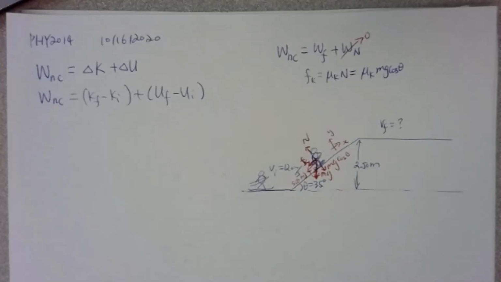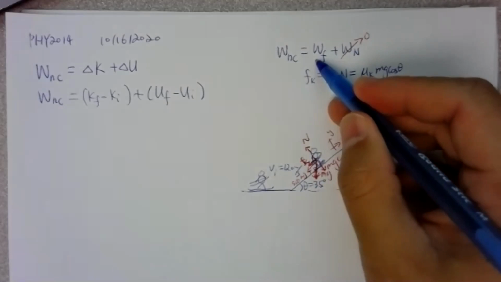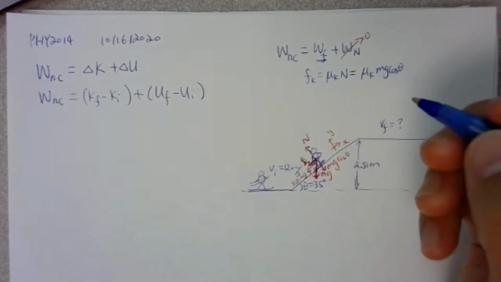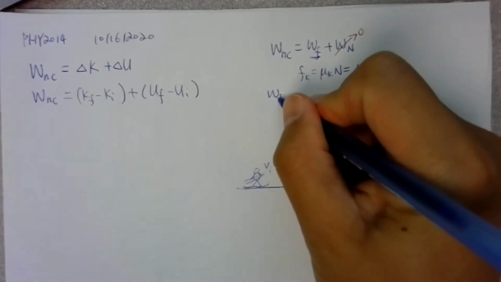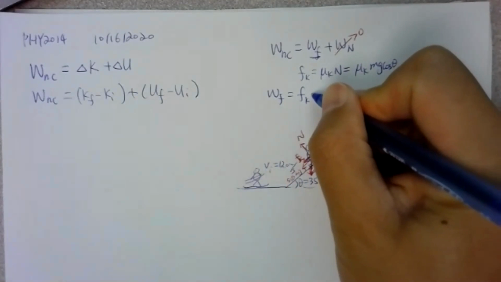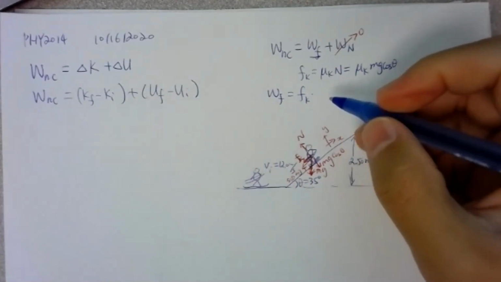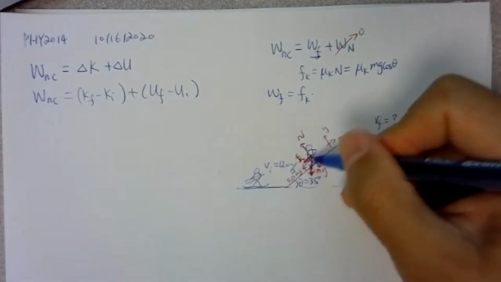Now the work done by the friction force should be equal to F_k times the displacement along this slope.